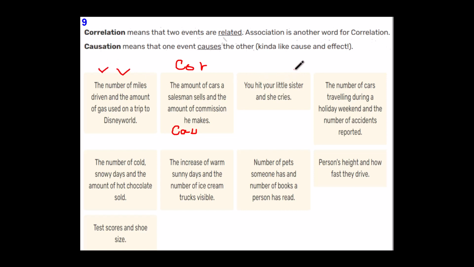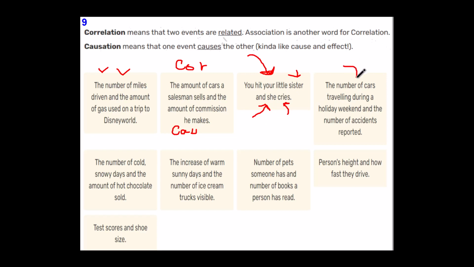You hit your little sister and she cries. Now that's a causation. Okay, normally if you hit somebody, especially a little kid, they're going to cry. So what you did causes this to happen. Is there a correlation or a relationship between the number of times she cries? Yes, that's going to be both.